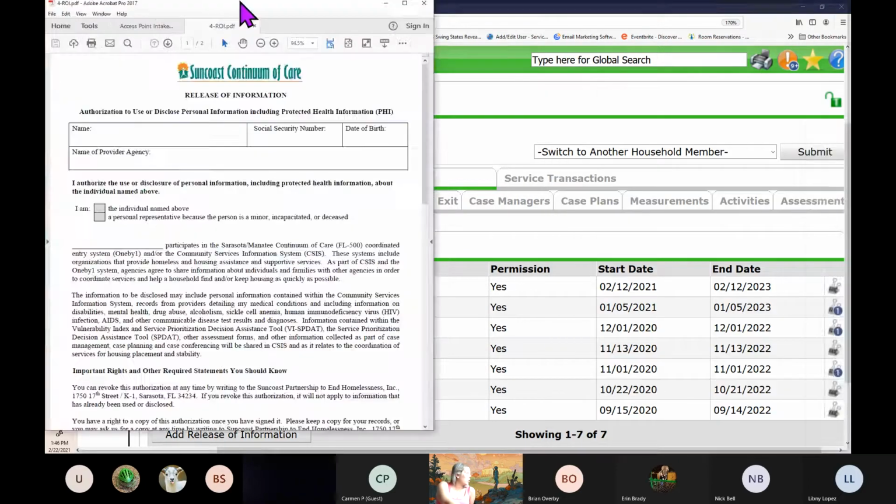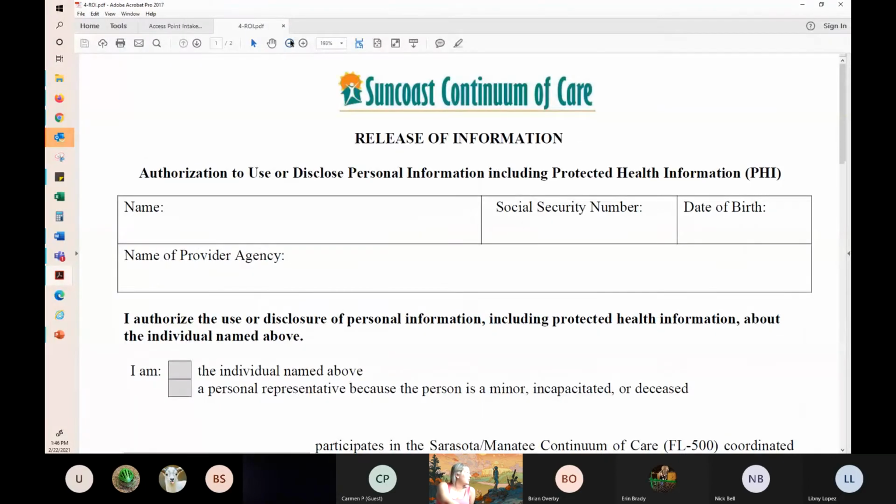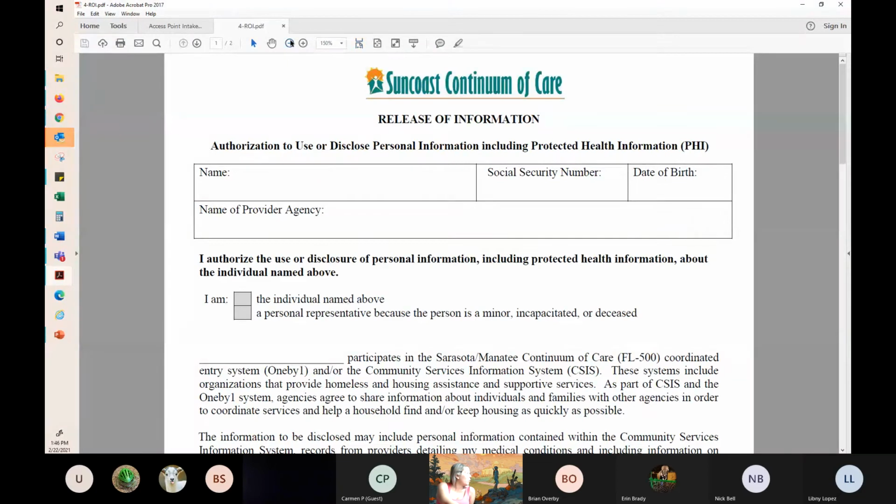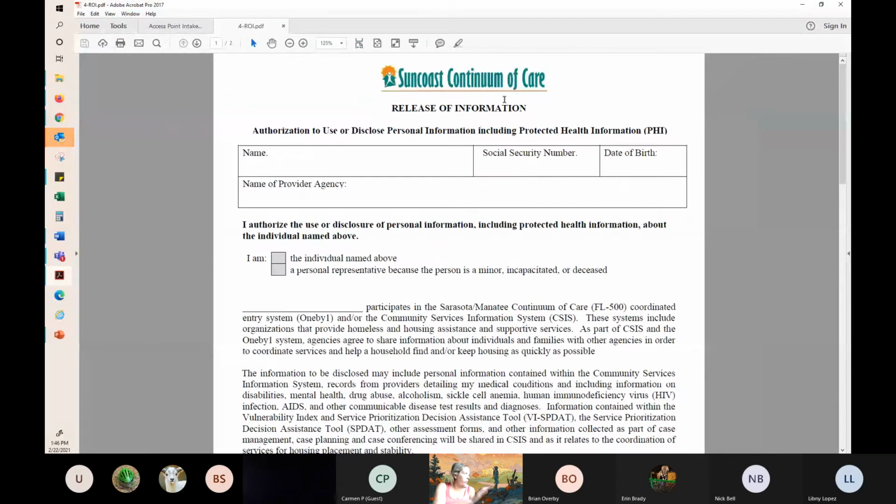This is our Suncoast ROI. I know some of our agencies have their own ROIs, but for the entire continuum of care, this is the ROI that we need scanned and uploaded. This will allow us to communicate. This is simply saying that the client has agreed to share their information, and that's what we're doing.